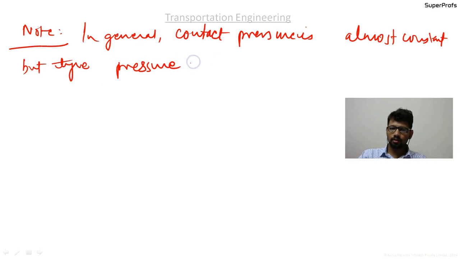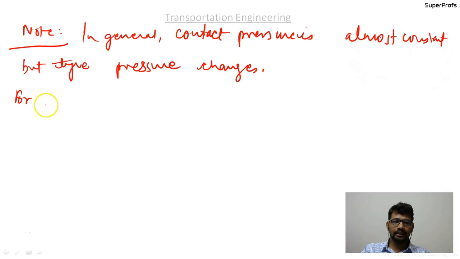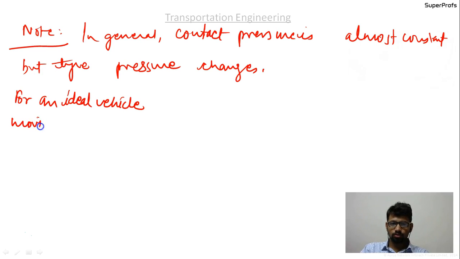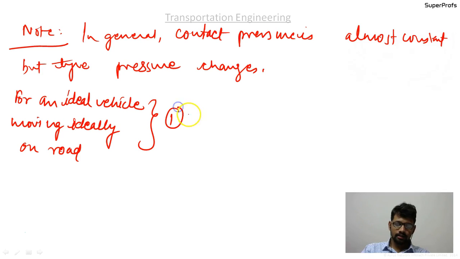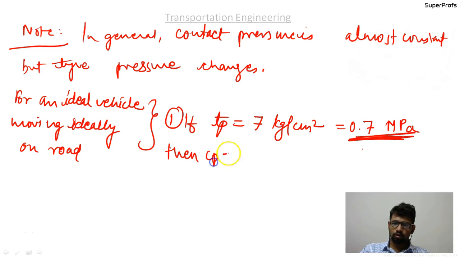It is experimentally proved for Indian conditions that for an ideal vehicle moving ideally on the road, point number one is that if tire pressure is equal to 7 kg per centimeter square, that is 0.7 MPa, then the contact pressure Cp value is also equal to 7 kg per centimeter square, that is 0.7 MPa.